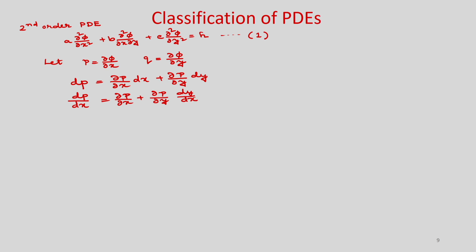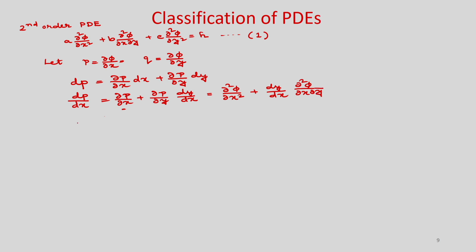So you can see del p by del x, what you can write in terms of phi. P is del phi by del x, so del p by del x will be del 2 phi by del x square, plus, and if you take del p by del y, it will be del 2 phi by del x del y. So you can write dy by dx del 2 phi by del x del y.